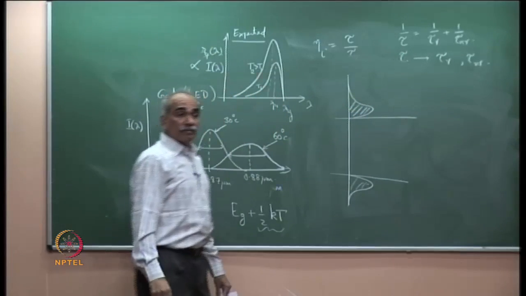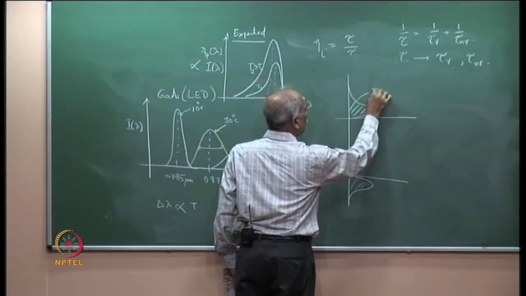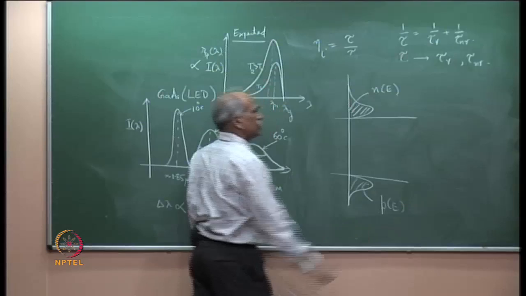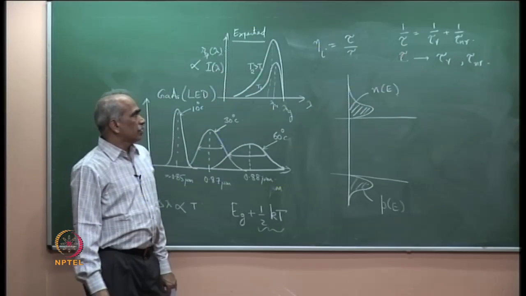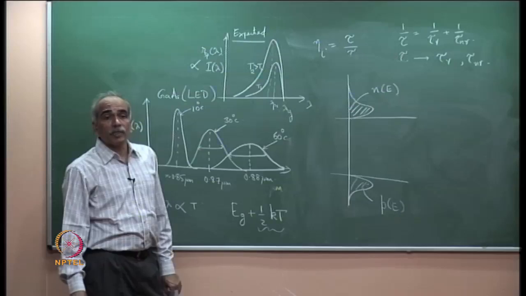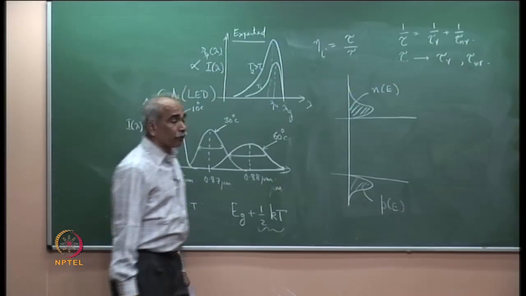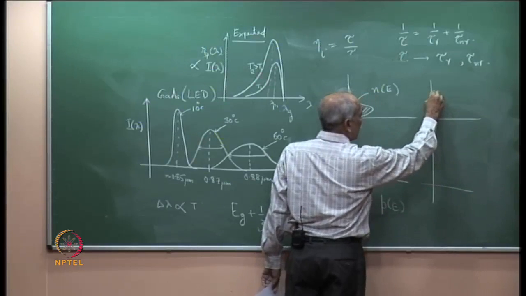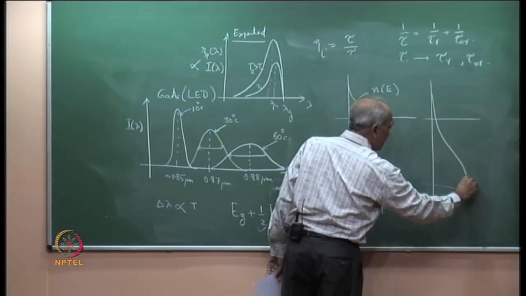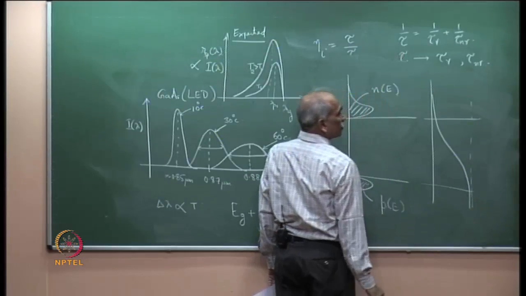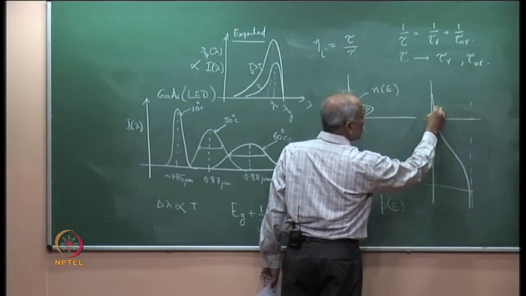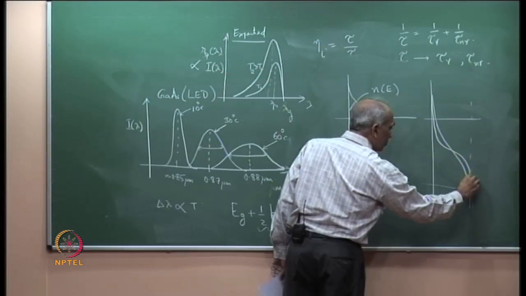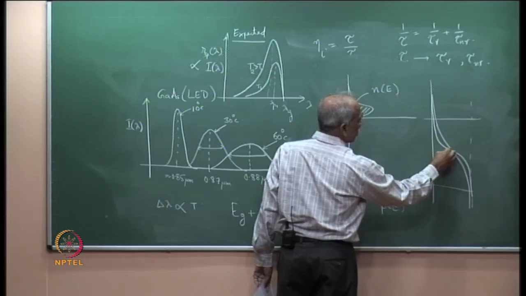At a particular temperature, this is what I have plotted, N of E. Recall, this is what we had discussed in the first part of the course, carrier distribution, which was a product of density of states multiplied by the probability of occupation, F of E. Recall that F of E itself at a particular temperature varies like this, then if you increase the temperature, this distribution, so for a lower temperature, it will be like this. So this is the Fermi energy, EF.